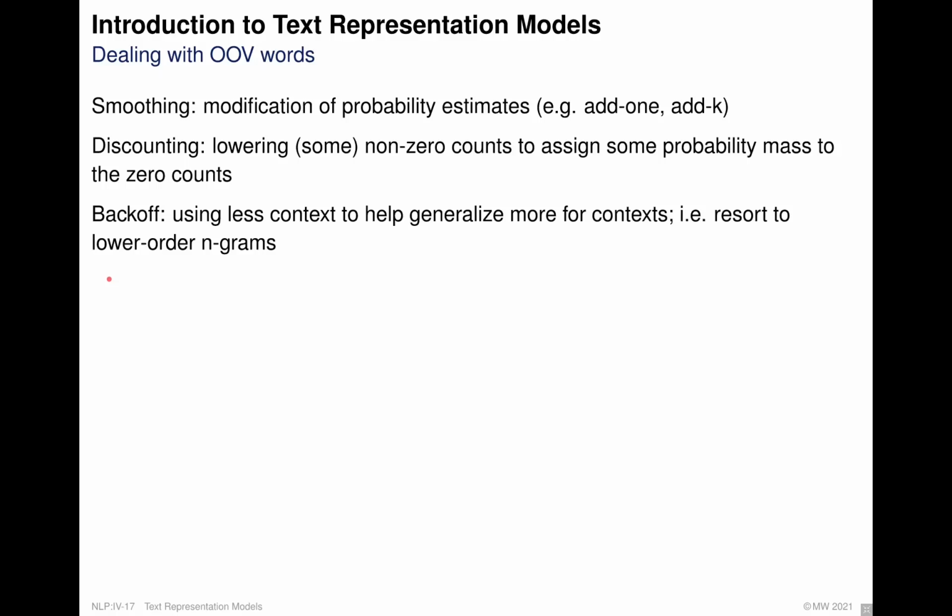If we don't know the bigram probability, maybe we know at least a unigram probability. So instead of a trigram probability, we're going to resort to a lower order n-gram, and use the lower order n-gram probability in place of the missing value for the higher order probabilities.